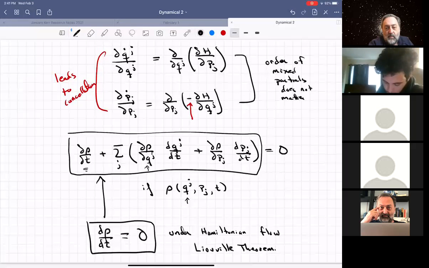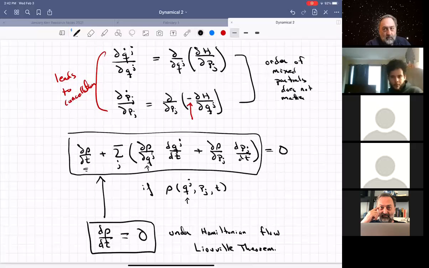So what we found is that the density of states in the disk does not change in time as I undergo Hamiltonian flow. So the first thing to see is that I got this equation in the box, and then to recognize that if I'm thinking of the density as a function of the q's, the p's, and maybe t, what's in the box is just the total derivative with respect to time.